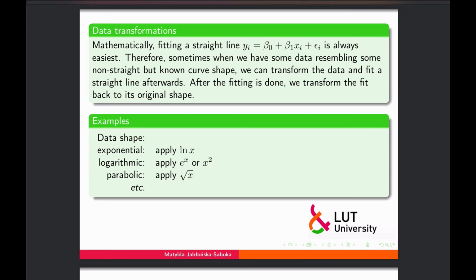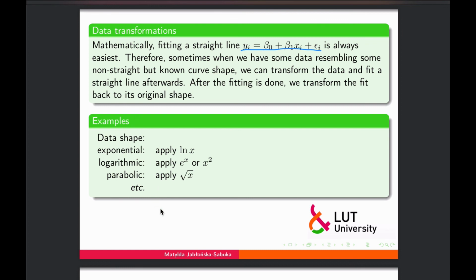Mathematically, fitting a straight line is always the easiest. Therefore, sometimes when we have data resembling a non-straight but known curve shape, we can transform the data and fit a straight line afterwards. After the fitting is done, we transform the fit back to its original shape.